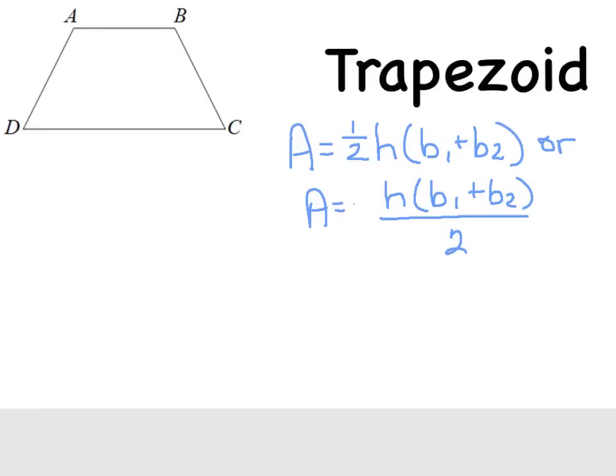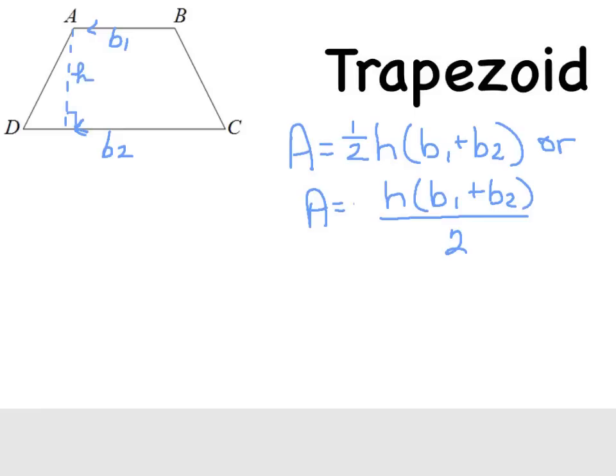It's important to note that the bases of a trapezoid are always the side lengths that are parallel to each other. So B1 and B2. The height always meets the base at a right angle. So that would be the height.